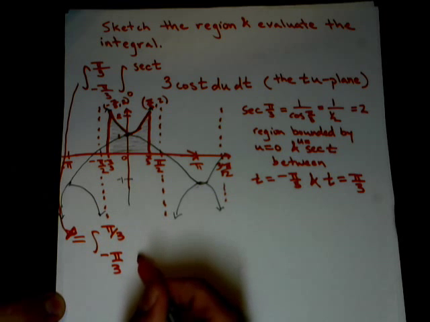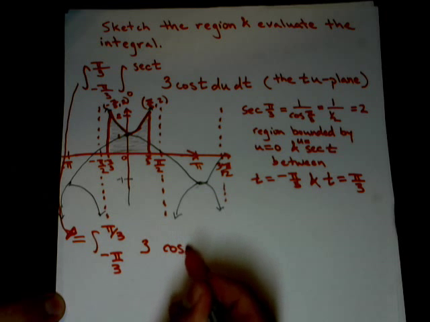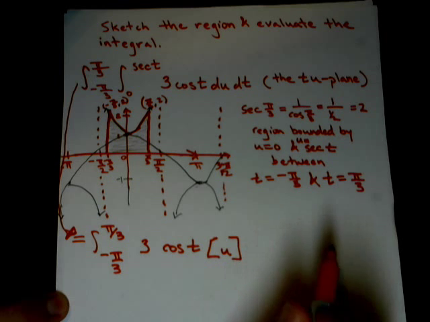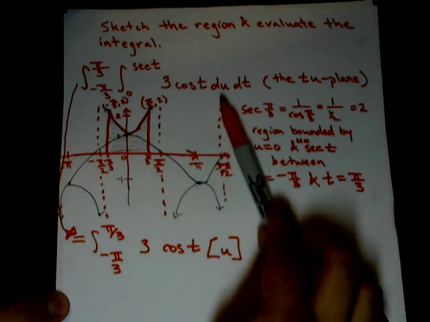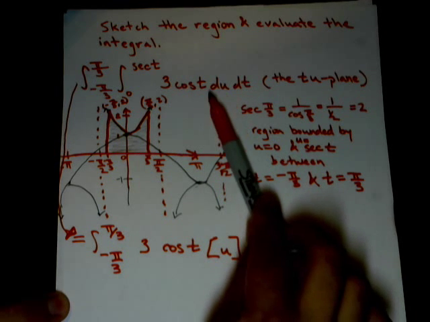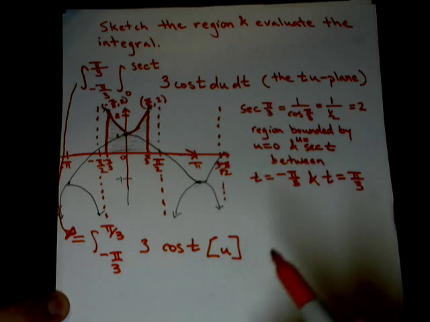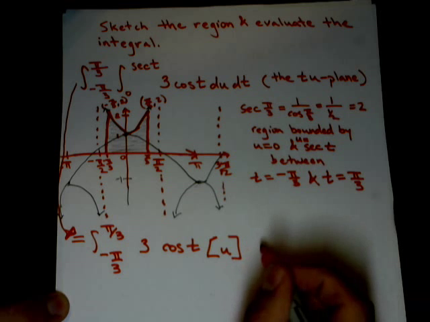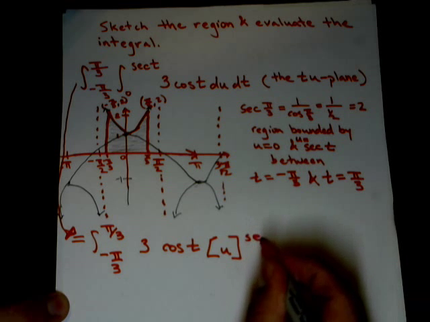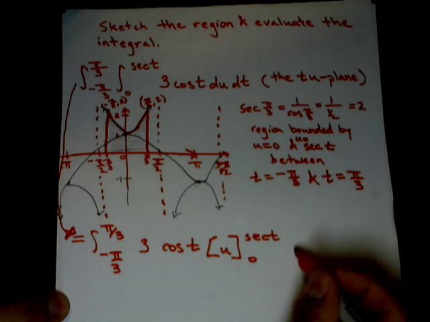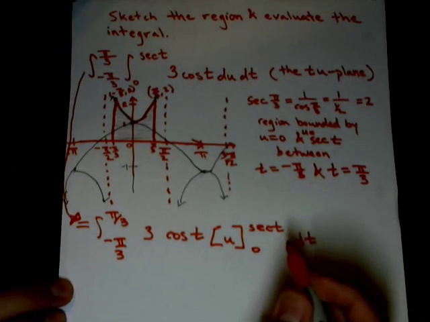and we get 3 cosine t, and we're integrating with respect to u first, and we don't have a u, so this just becomes a u. Evaluated at the upper limit of integration it's going to be secant t, and the lower limit's going to be 0, times our differential dt.